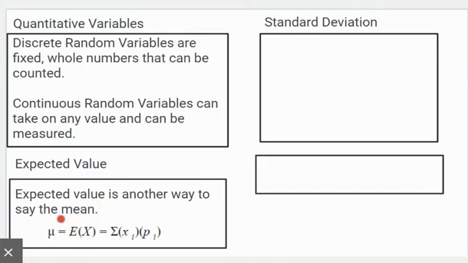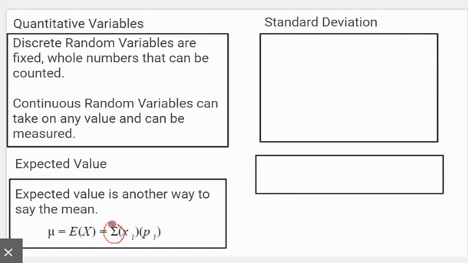Now for a probability distribution, this is the formula that you should be using to find your expected value. The easy way to describe this formula is to say you're going to take every value of x, multiply it times its corresponding probability, and then once you have all of those products, you add them all together.